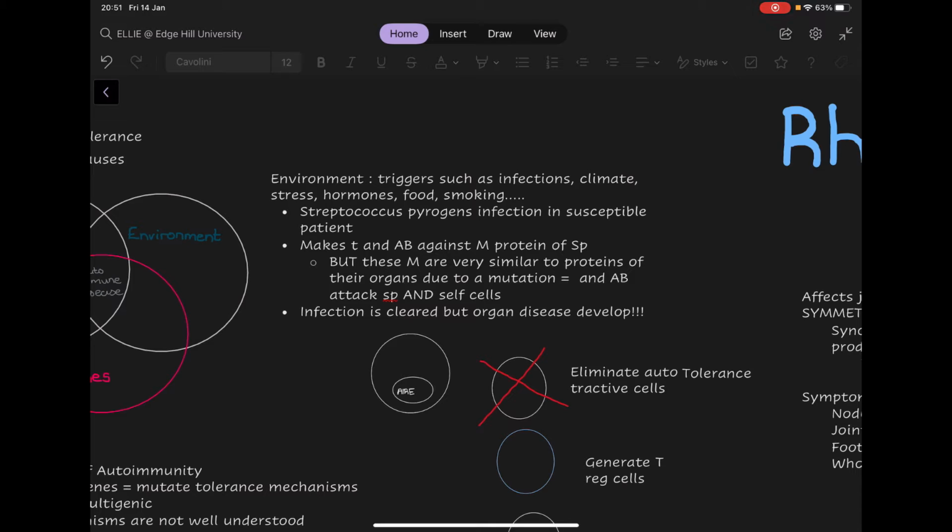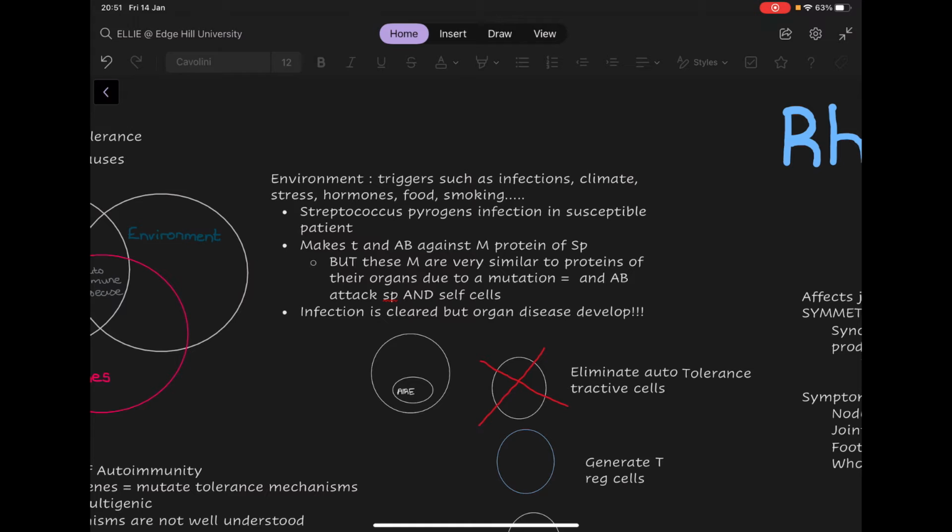That means when these antibodies and T cells are made to destroy the Streptococcus, not only does it destroy the infection, but it will destroy the heart cells as well. This means that the infection can be cleared, but an organ disease develops as well.